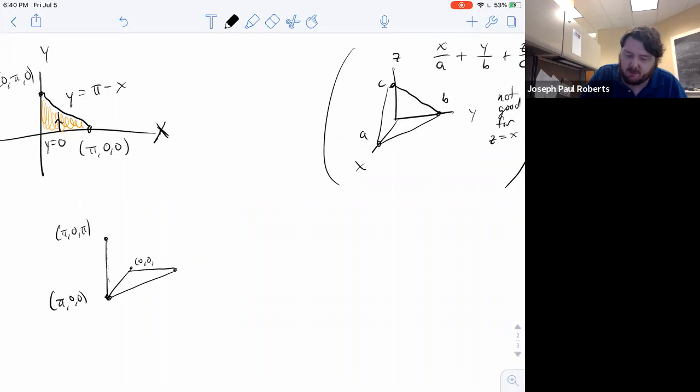And then I, of course, have my origin, and I have my point 0, pi, 0. So then I have that triangle, which lives in the xz plane. And then I have which triangle? This triangle that has pi, 0, pi, 0, 0, 0, and 0, pi, 0.